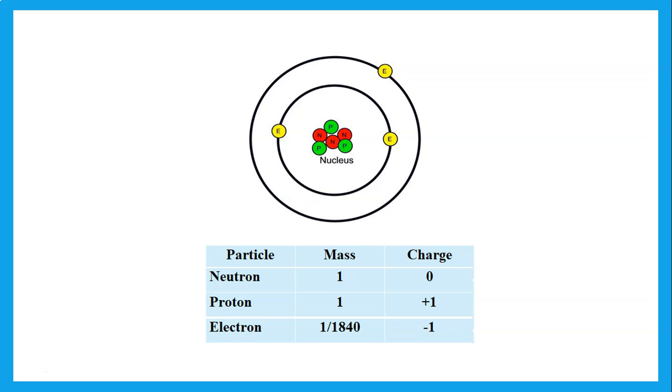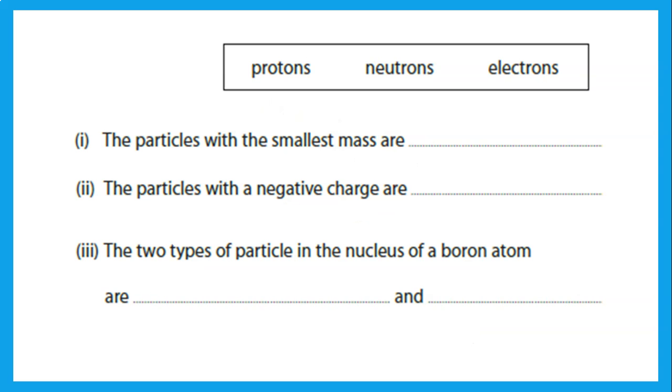Both of them are referred to as nucleons. Now, what is the charge on the proton? The proton has a charge of +1, and the electron is negatively charged, so we say it has a charge of -1. So if we have a question like this, if he says which of these particles is the one with the smallest mass, the particles with the smallest mass are electrons. The particles with a negative charge are also electrons.